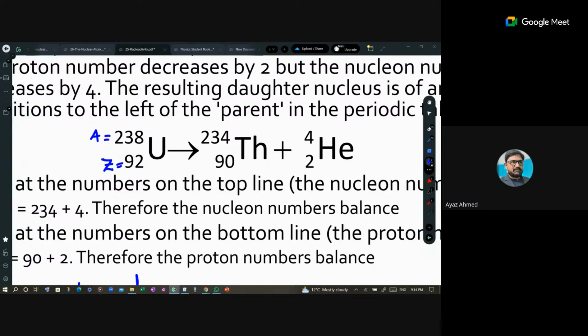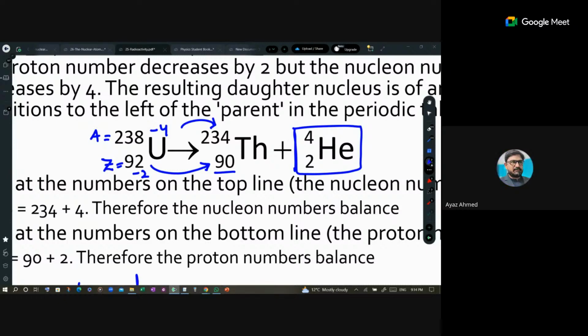If an alpha is released from here, what will be its Z? It would be 92 minus 2, which is 90, and 238 minus 4, it would be decreased by 4. So 4 would be less from here, it becomes 234, and 2 less from here, that's why it becomes 90. Is it clear?